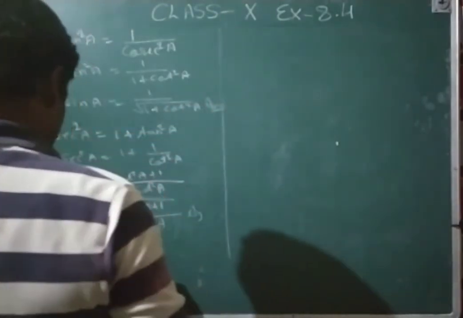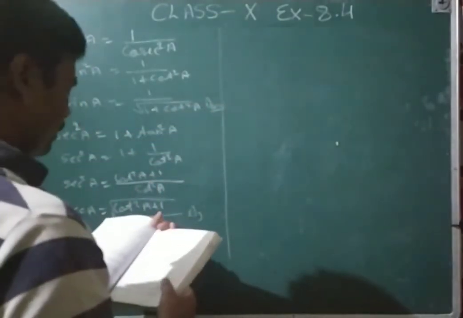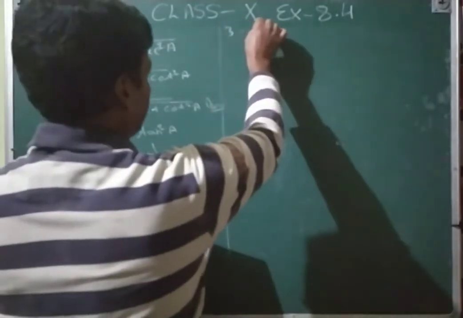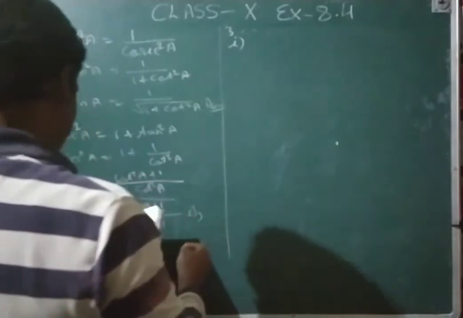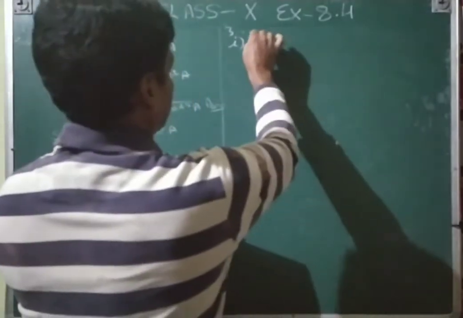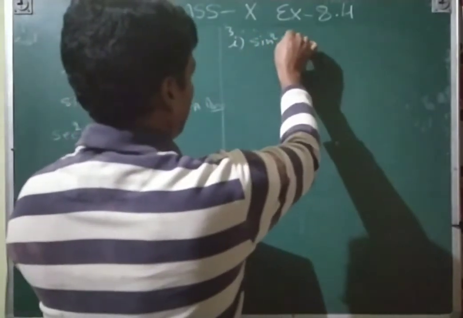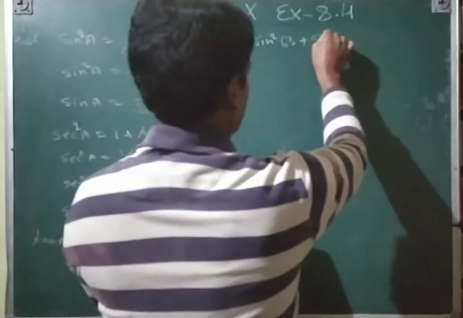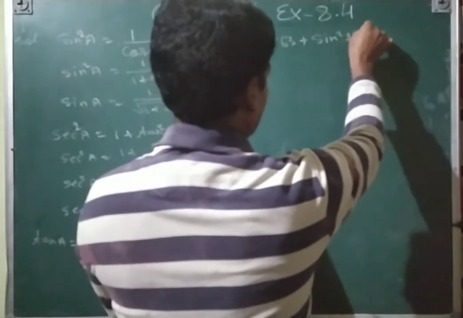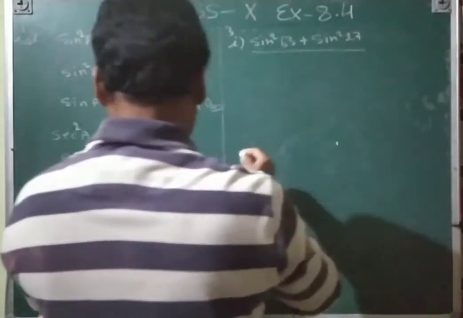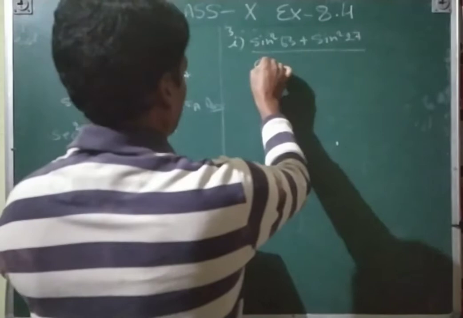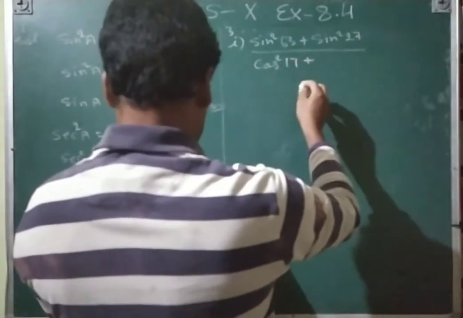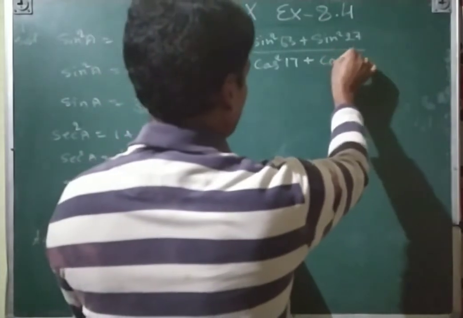Now question number three has two parts, and you can do it very easily. The first part I am showing here: sin square 63 plus sin square 27 upon cos square 17 plus cos square 73.